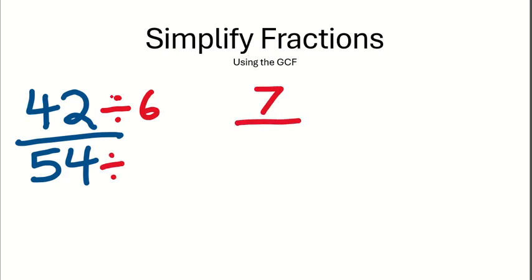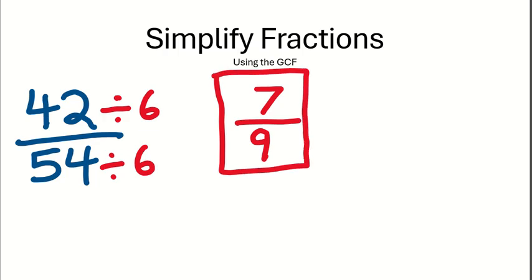And 54 divided by 6 is 9. Thus we can see that 42 54ths in simplest form is 7/9.